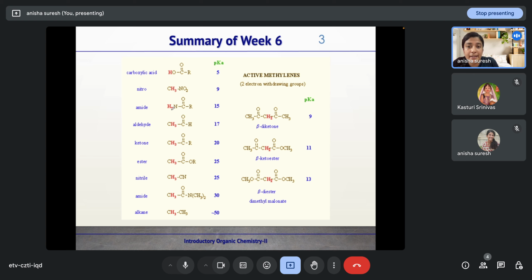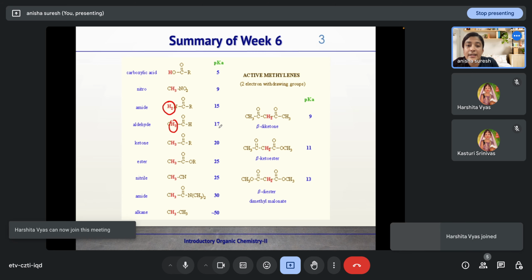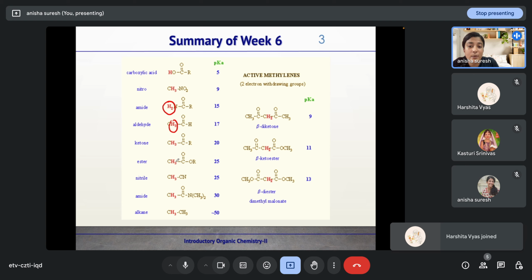In case of amide, this carbonyl group, this hydrogen that is highlighted, that pK value will be around 15 because of the presence of this carbonyl. And aldehyde, so here this CH3, this proton pK will be around 17, and in case of ketone it will be around 20. Esters will have a pK around 25, and nitriles will have pK around 25.